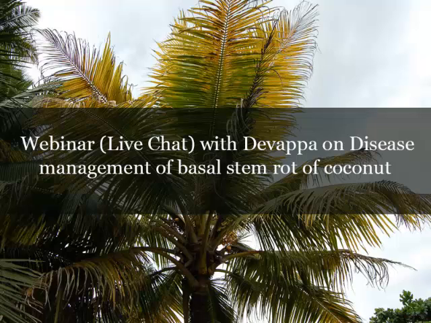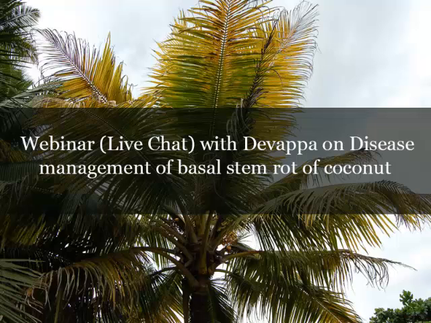Right? So in the advanced stage of the infection, we can also observe, very clearly, in the basal portion of the stem, mushroom-like structures. You can very clearly observe these mushroom-like structures.